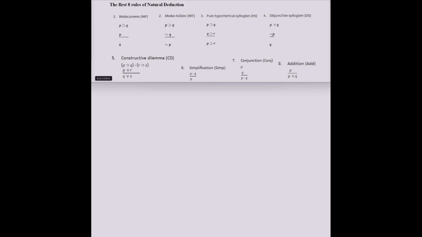Let's try then number 7 from your review sheet as well. If you haven't already done this, I really recommend that you're not just watching what I do, but you're trying to solve these as well.